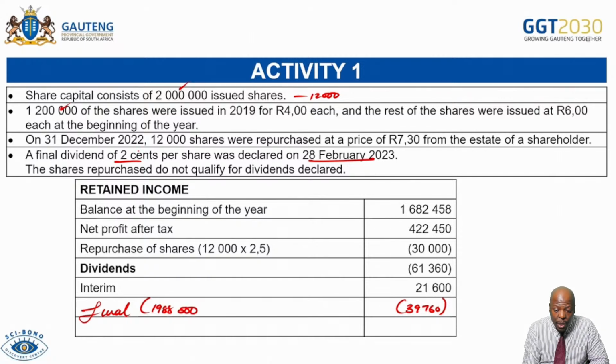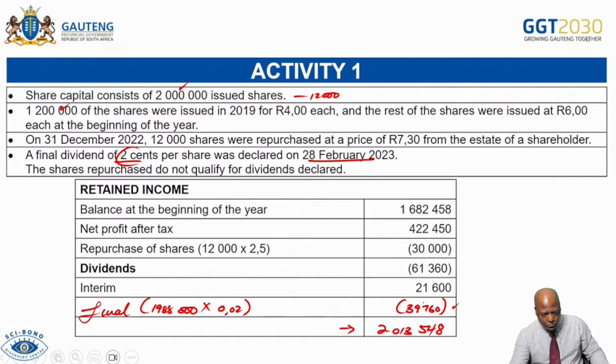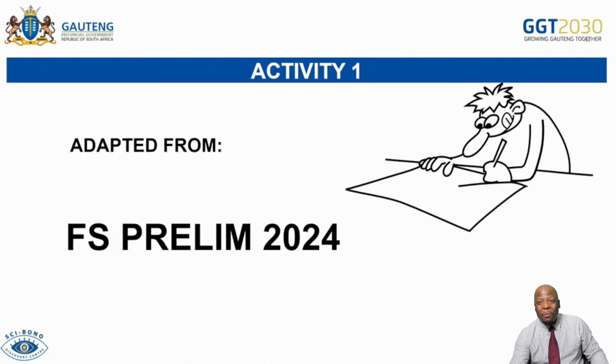And then we multiply by 0.02, and that is how we get that one. Then eventually we get the balance at the end, which is going to be 2,013,548. Okay, so I'm going to stop here with this question because we're going to start a new one now.